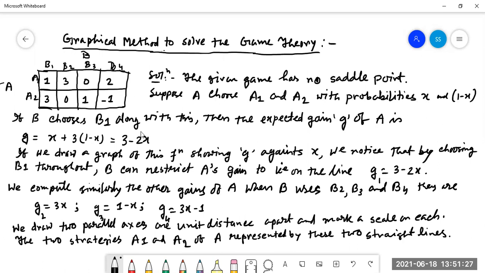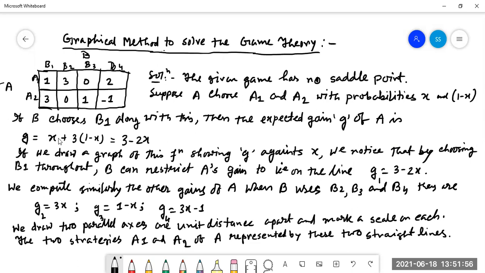If B chooses B1, then the expected gain g of A is 1 into x plus 3 into 1 minus x, because for A1 the probability is x and for A2 the probability is 1 minus x.